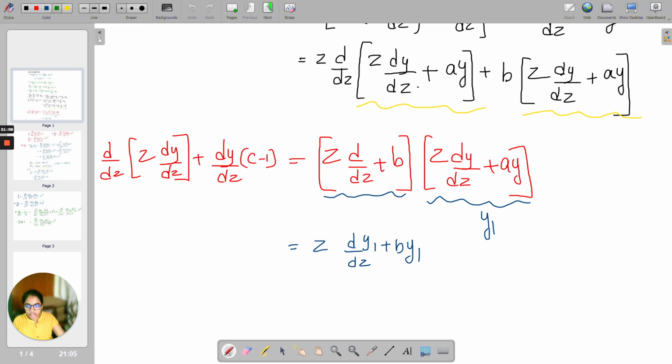Now let us consider the LHS part. Can I write this further as d/dz of z dy/dz plus y into c minus 1? Yes.